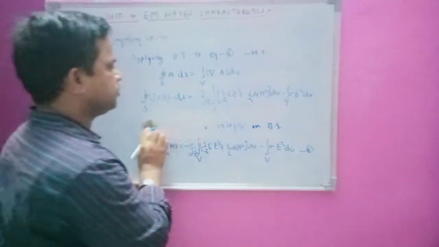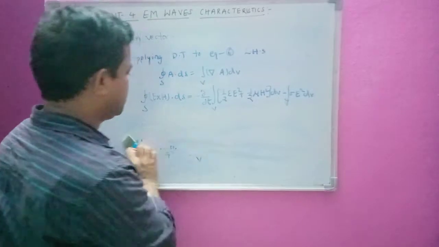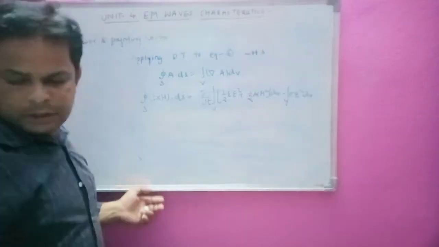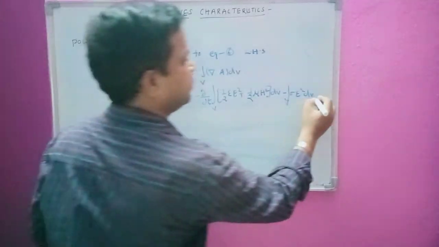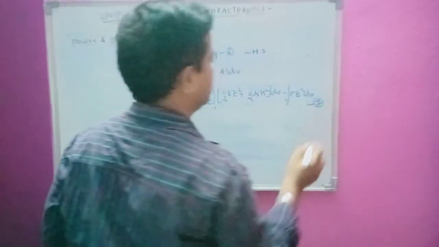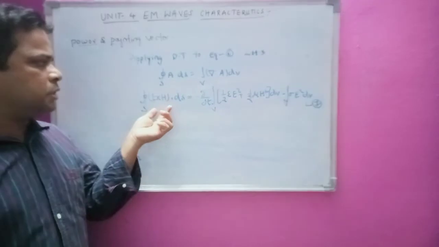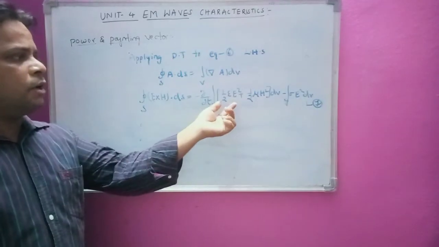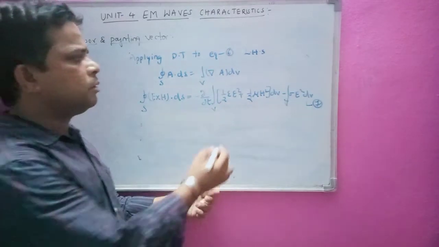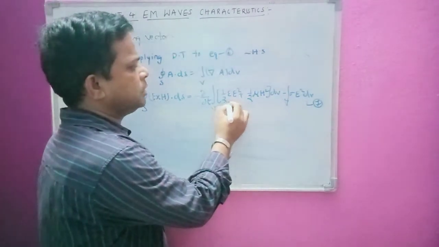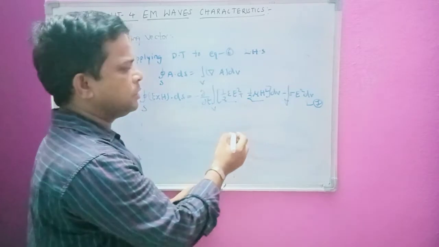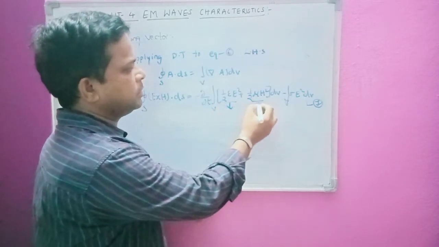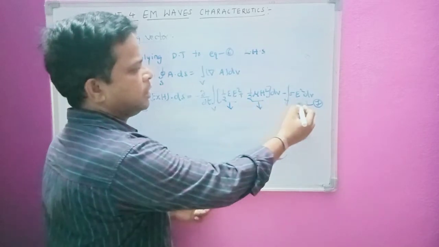Now we have got one important conclusion. Let us take this as equation number 7. If you see this equation, you have the cross product of E and H on the left hand side, and we have got these terms in the first and second units. This is the electric energy stored in the capacitors, this is the magnetic energy, and this is the ohmic energy.